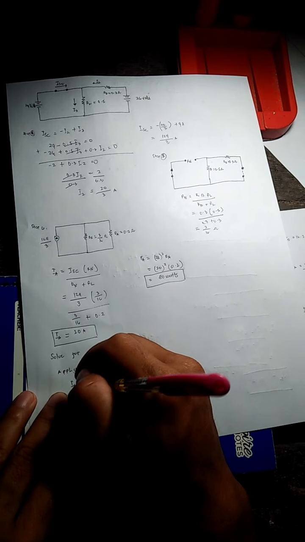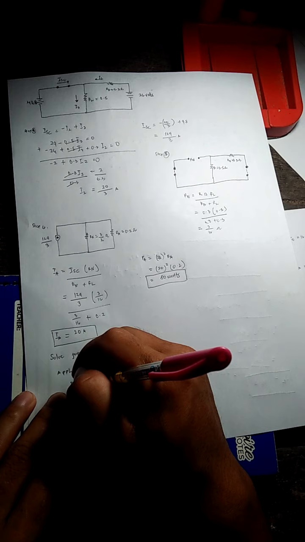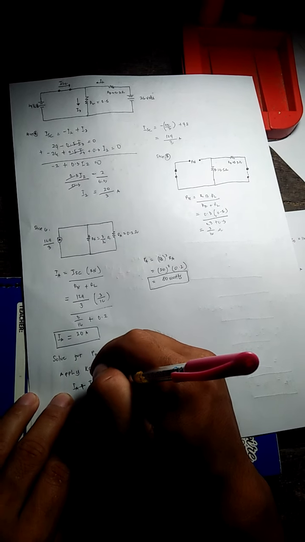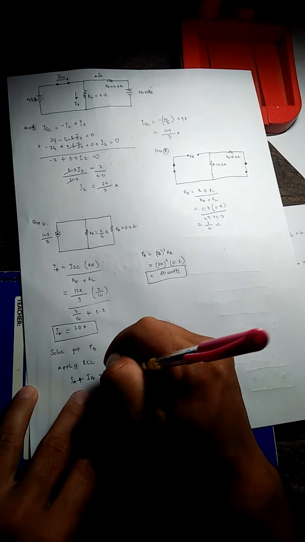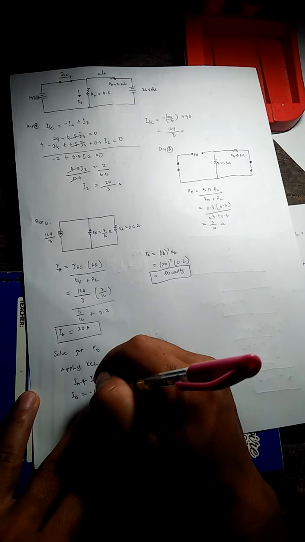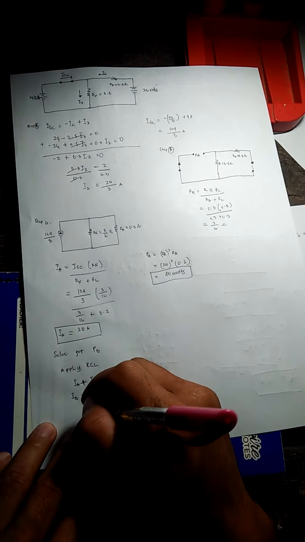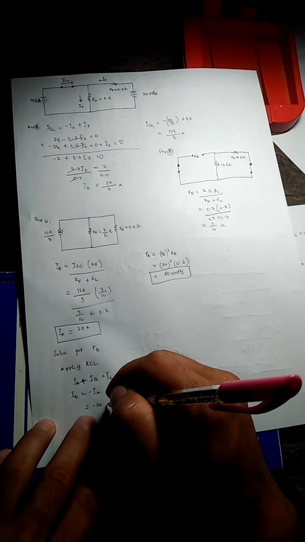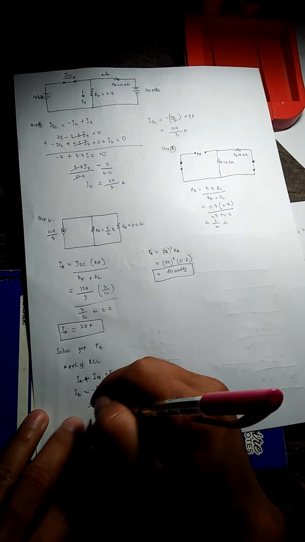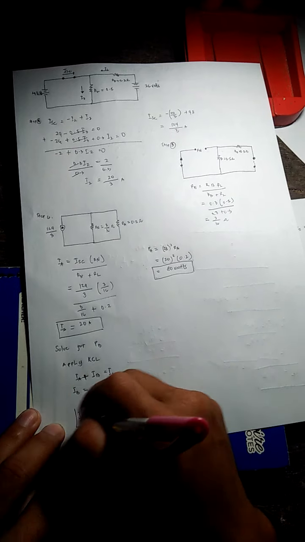IA is equal to IB plus IL. So IB is equal to negative IA plus IL. So we can solve: negative 20 plus 40 is 20 ampere. So this is our IB.